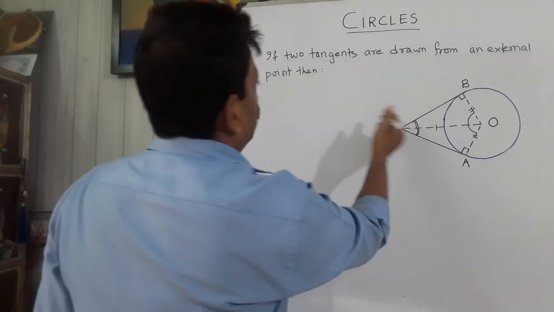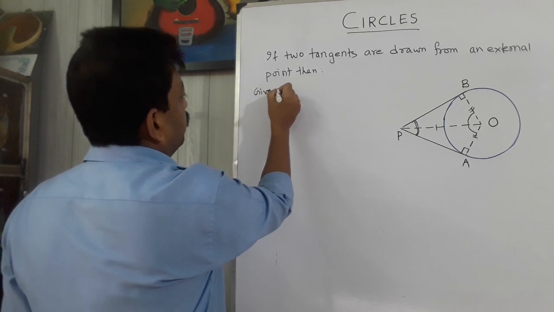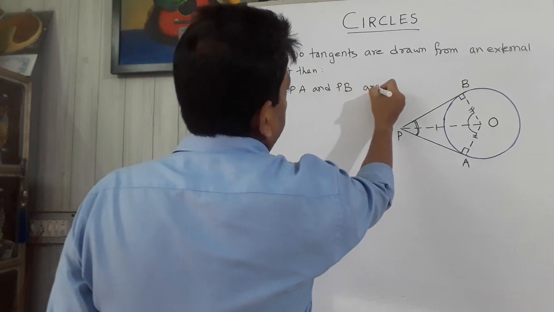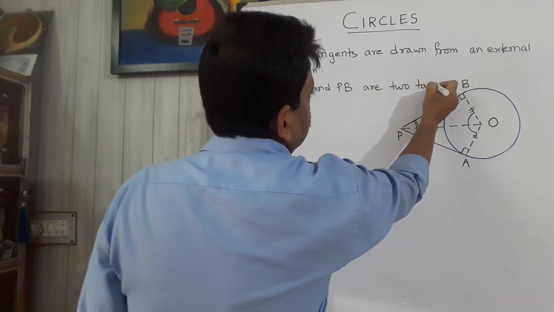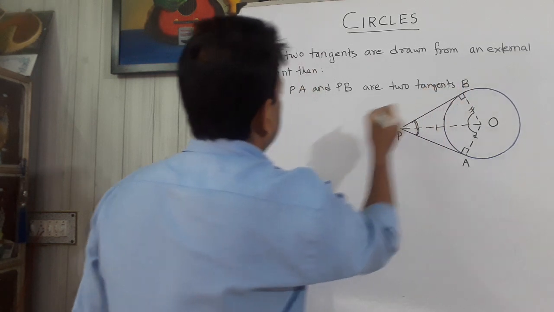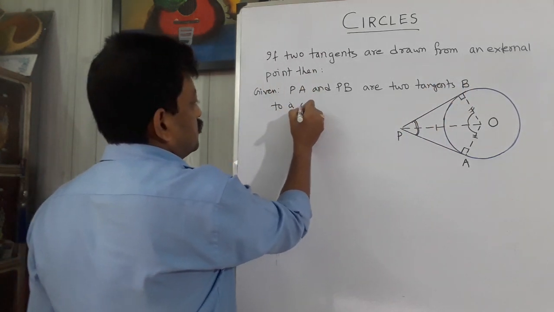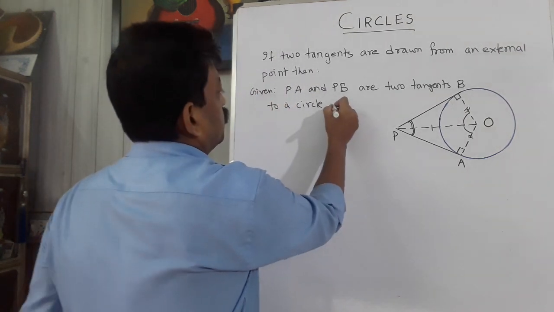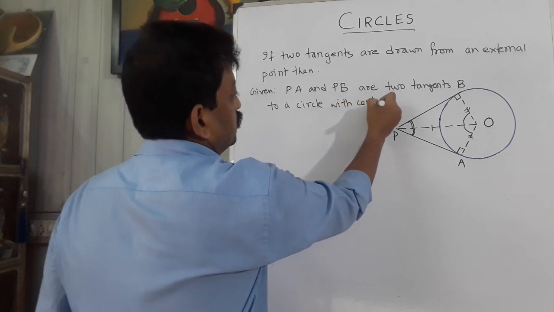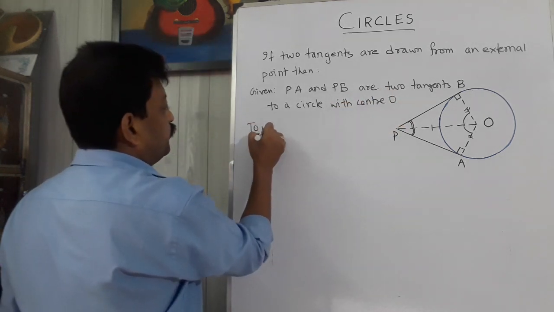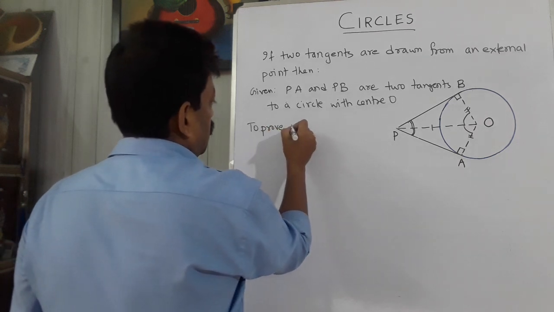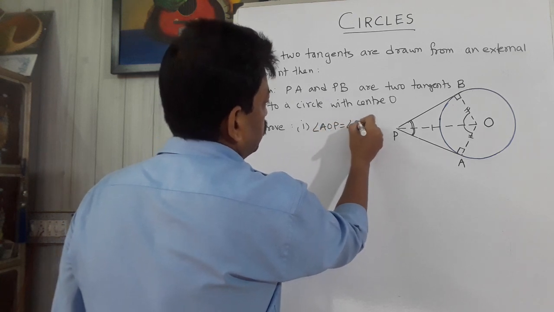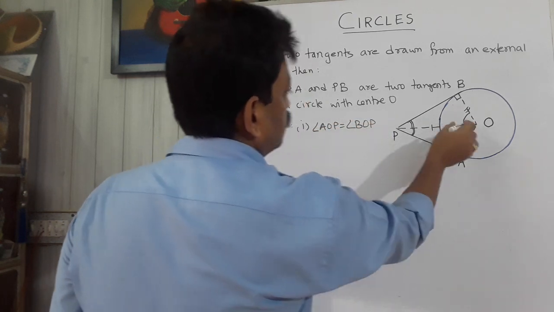So given PA and PB are two tangents to a circle with center O. To prove: number 1, angle AOP is equal to angle BOP.